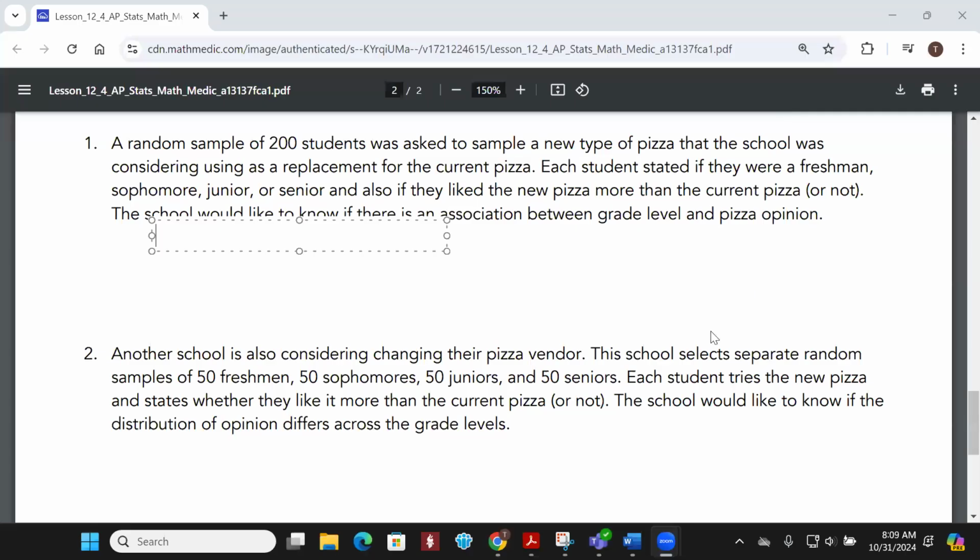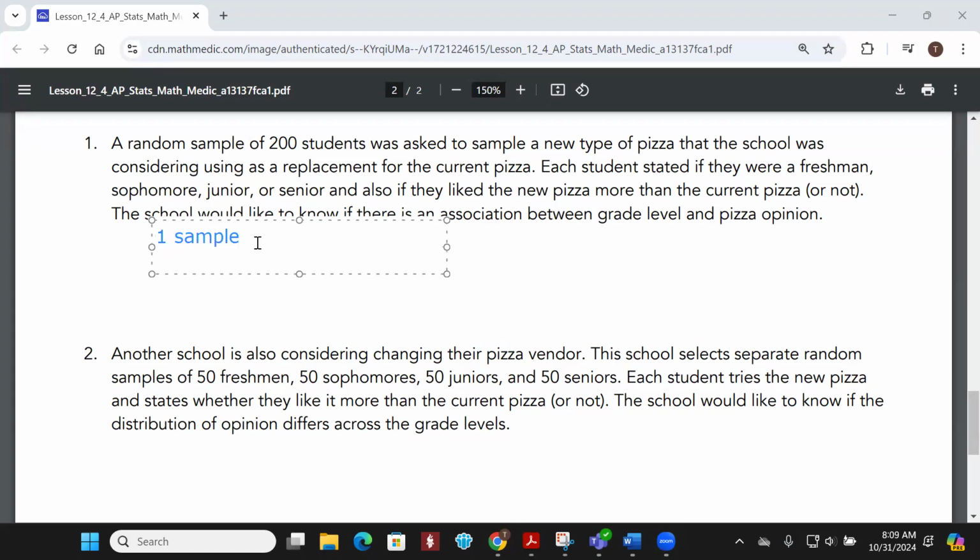A random sample of 200 students was asked to sample a new type of pizza the school was going to consider for replacing the current pizza. Each student stated if they were a freshman, sophomore, junior, or senior, and if they liked the pizza more than the current pizza. The school would like to know if there's an association between grade level and pizza opinion. First of all, how many samples? There's one sample we pulled from 200 kiddos.